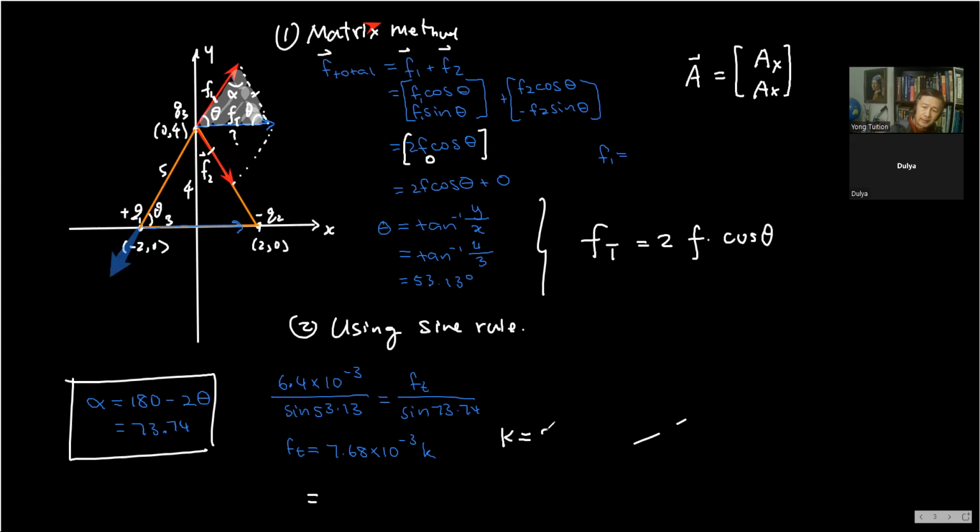This is 8.99 multiply 10 to the power 9. So that is a number. This is the K constant, the Coulomb constant.